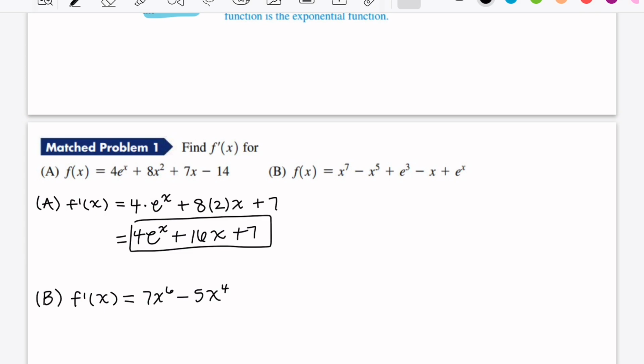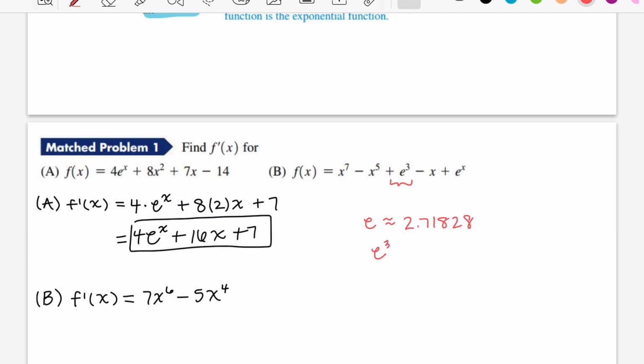Now something to be careful with here is we have e to the 3rd power. Remember, e is just a number. It's roughly 2.71828.